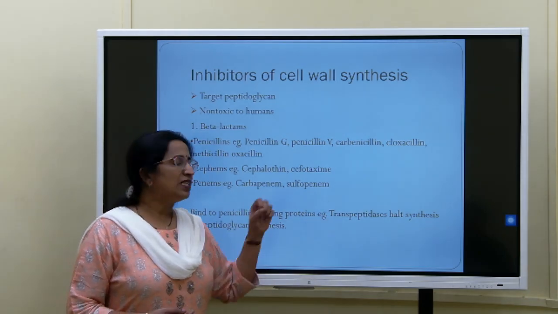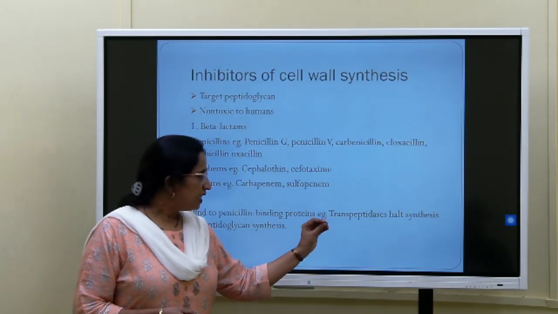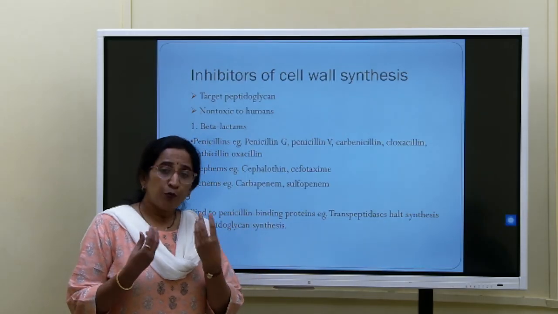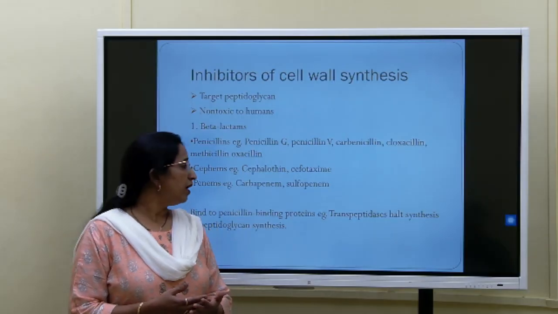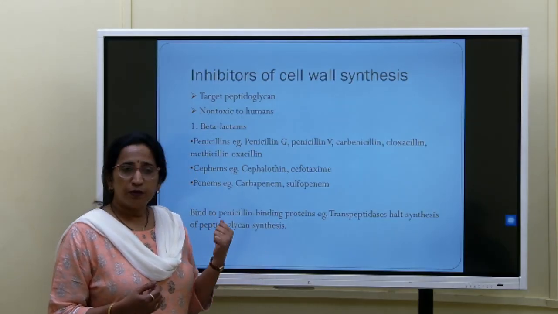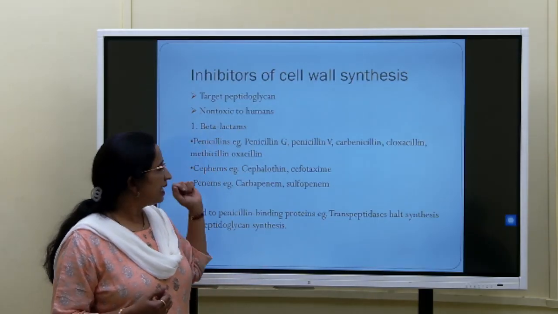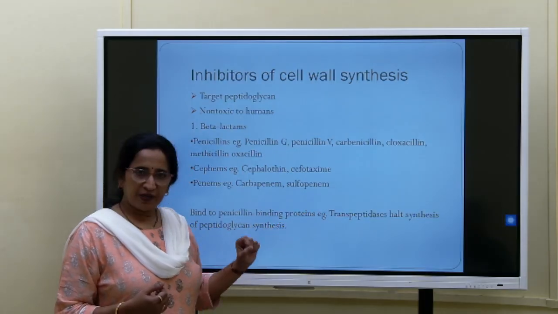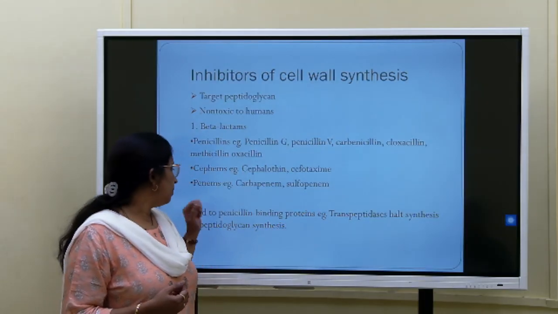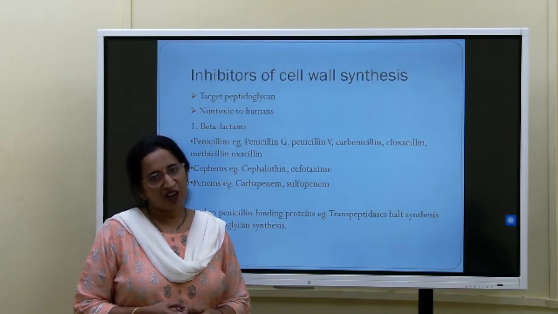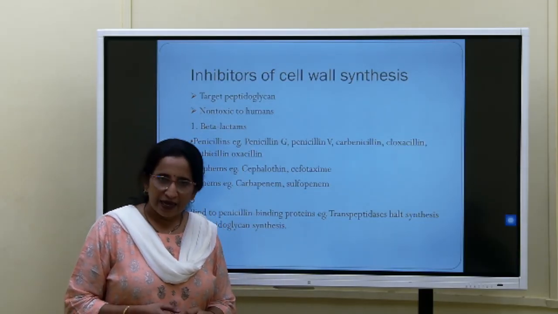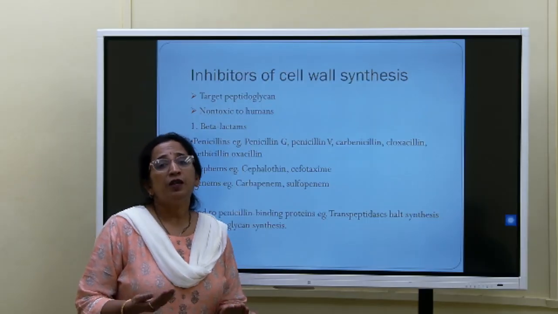One of the important ones is transpeptidase. Transpeptidases are important enzymes which are required for synthesis of the peptidoglycan. So these beta-lactams bind to transpeptidases, because of which peptidoglycan synthesis is affected and the cell will die because the cell wall will not be formed.